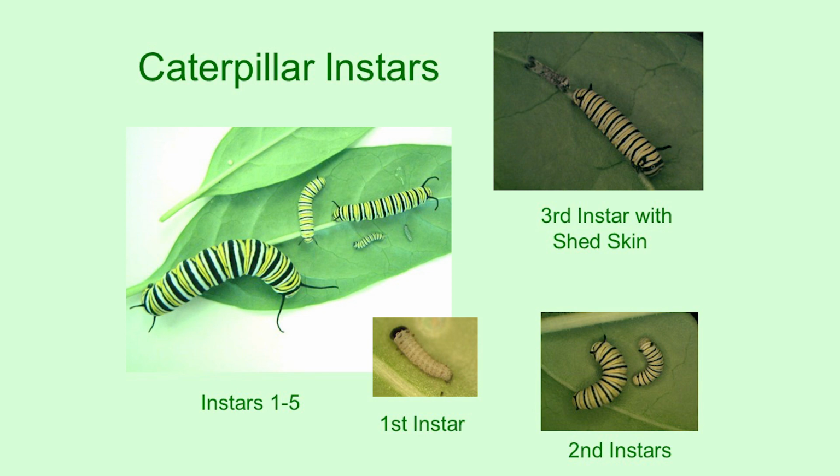But on the bottom right, you see two second instars. One has just shed its skin, and the other one is just about ready to go to the next instar, the third instar. It has eaten and grown. So size isn't necessarily a way you could tell the instars apart.